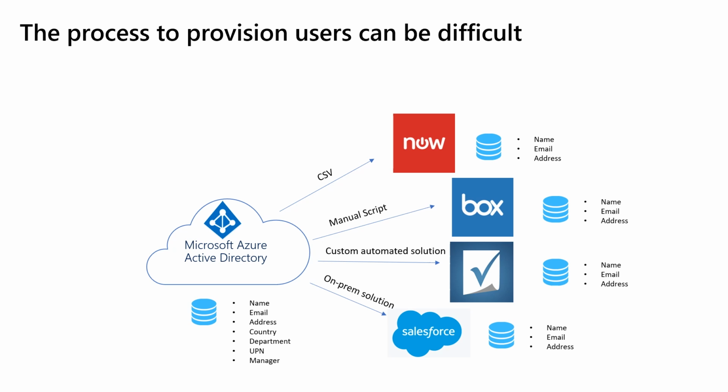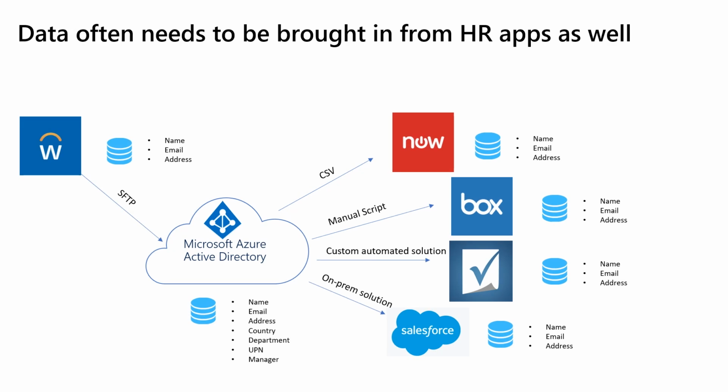Sometimes we have seen organizations write manual scripts which call those APIs and update the user information on a regular basis. You can have your custom automated solution developed for it, or there might be an on-premise solution like FIM or MIM, which is doing this job for you.